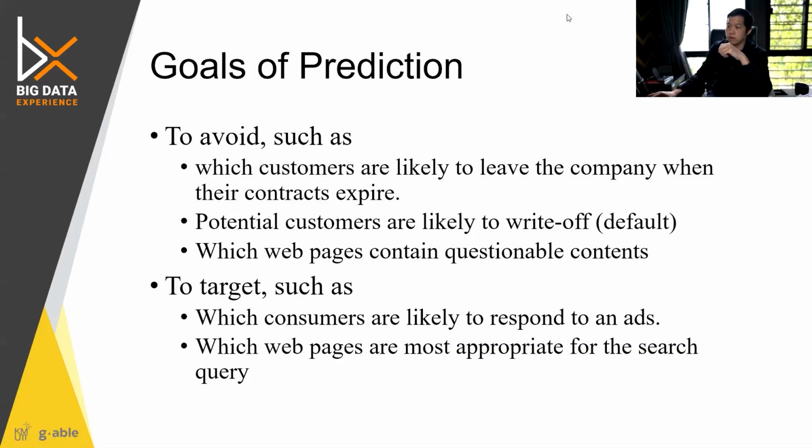If you work for a bank, you might want to find customers who would likely not fulfill the contract after they have gotten the loan. Find potential customers who are likely to be written off, and those customers would potentially not be given the loan. Or you may want to find web pages that contain questionable content like fake news. That can be done using this classification model.